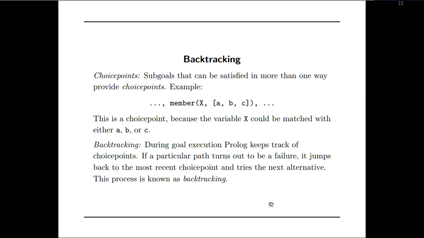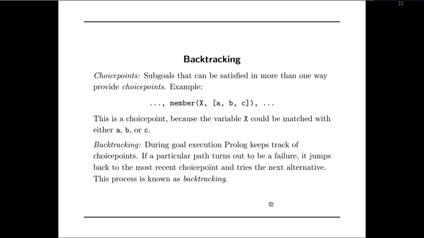If it is not matched with a, then you have to backtrack and check with b. If it is not matched with b, then you backtrack and check with c. So this continued backtracking gives the functionality of checking each and every element in the given list to see whether it is suitable for the given variable or not. So this is the backtracking procedure mainly used in Prolog programming.